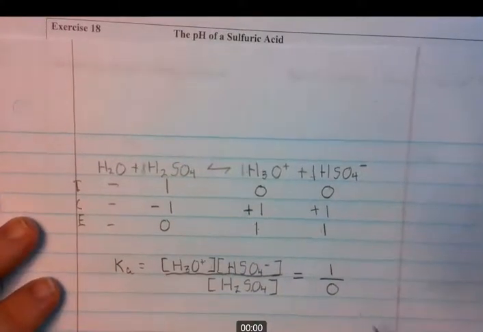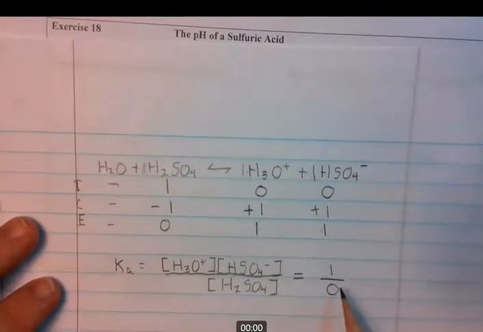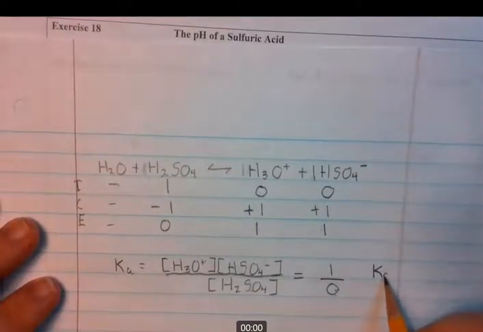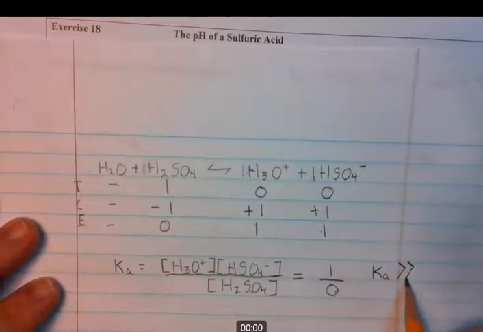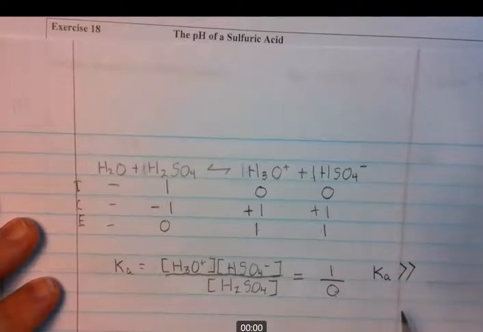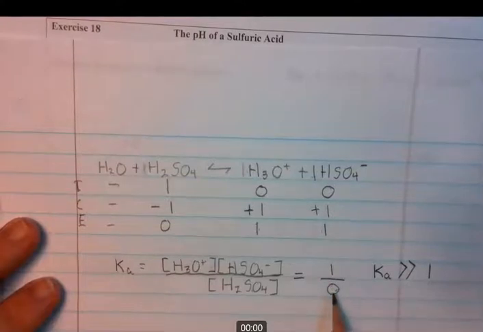As you know from math, you can't have a 0 in the denominator. That's basically undefined. But let's just imagine instead of 0 it's a really tiny number. Then 1 over a really tiny number is going to be a really big number. How big? Who knows? Who cares? It's just super big. So the way they write this is that the dissociation constant for a strong acid is much greater, those are 2 greater than signs, so it means much greater than 1, because it's approaching infinity if that number is just a really tiny number.